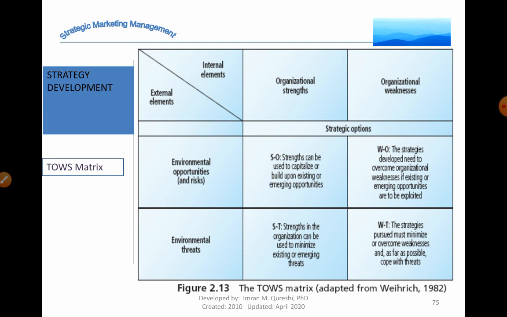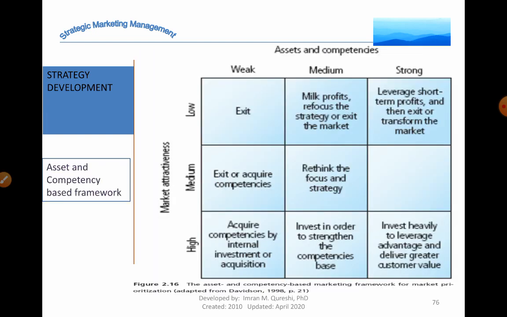Next one is the asset and competency based framework, which looks at assets and competencies on one side, and we have market attractiveness. This is creating nine quadrants, and it gives you the strategy based on what your assets and competencies are and what the market attractiveness is.